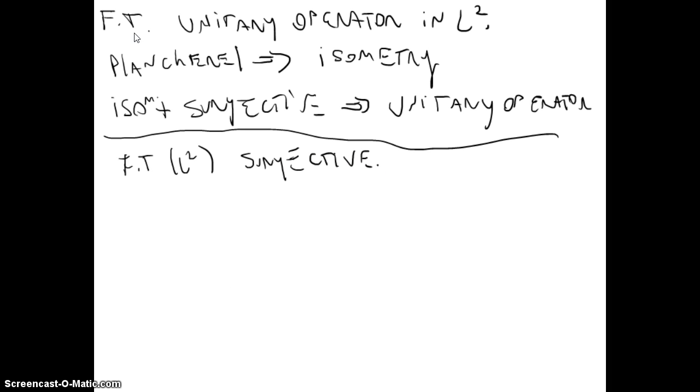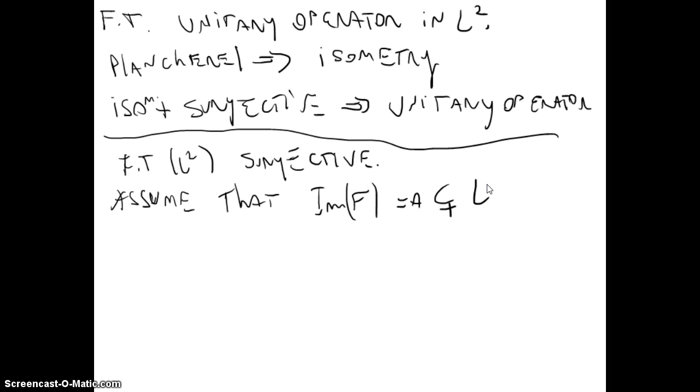Okay, so after the Fourier transform is an isometry, then we know the image of the Fourier transform is a closed subspace of L2, and well, we want to prove that it's surjective, so let's assume that the image of F is a proper subspace. Let's say image of F, which is not included in L2.